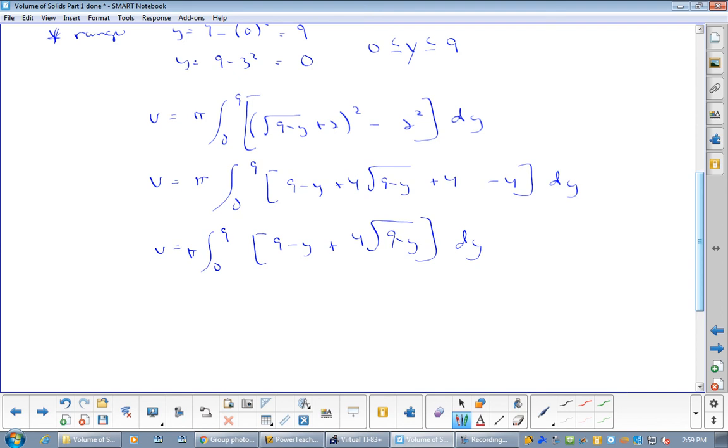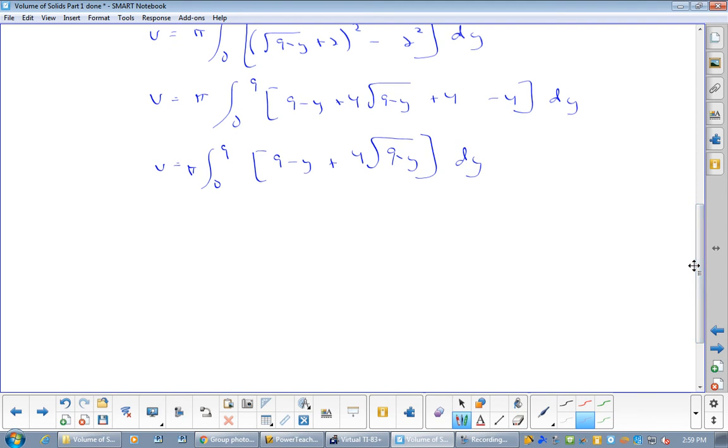Okay, so now we're going to find the integral of this. So volume equals pi, the integral would turn into 9y minus 1/2 y squared. I shouldn't have put this 0 to 9 because I am finding the integral right now.